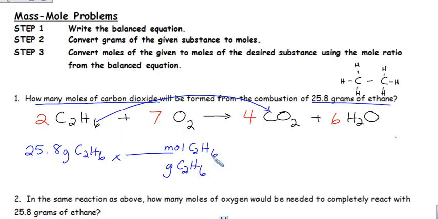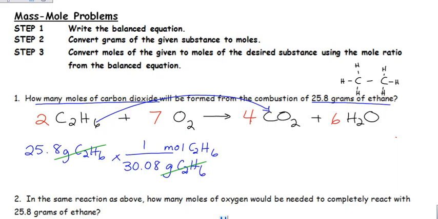Anytime I see grams, I'm just going to add it using my periodic table. Maybe about 30.08. And the periodic table's mass is for 1 mole. The molar mass is the mass of 1 mole. All right, there. Welcome back, January. We could have done that in January.